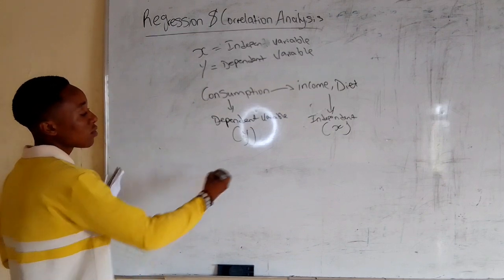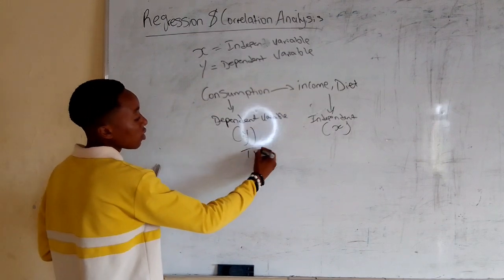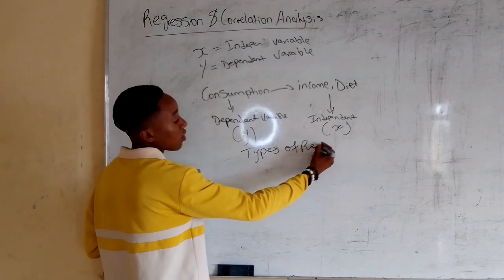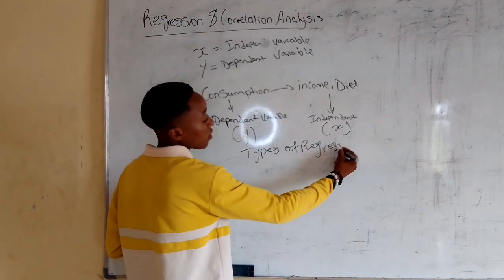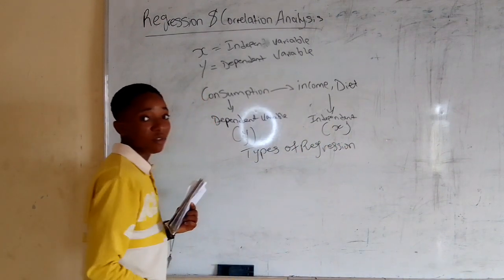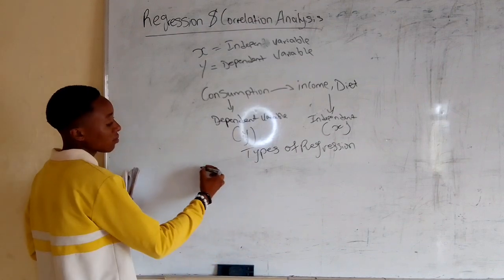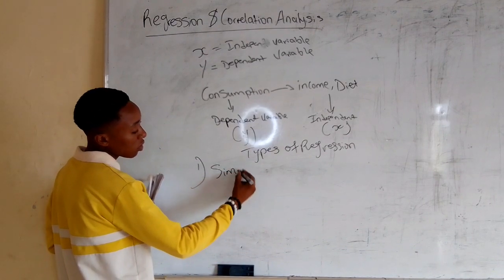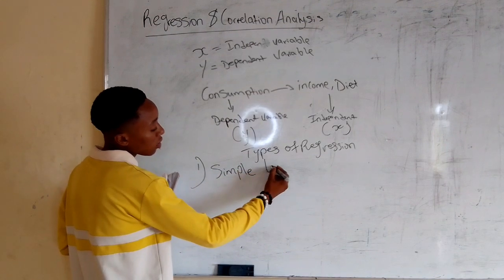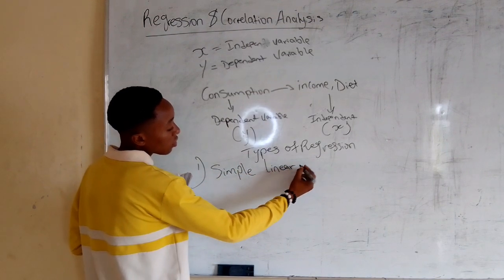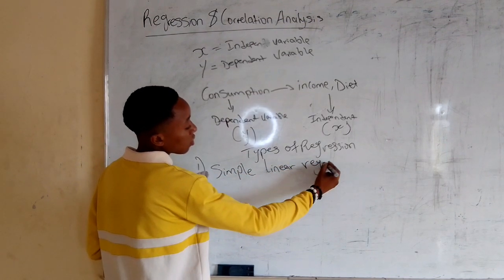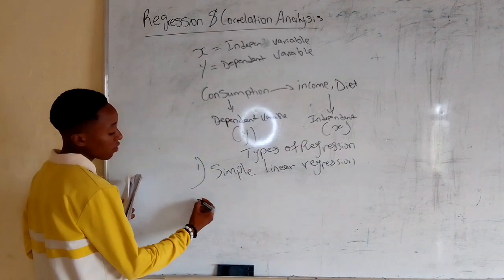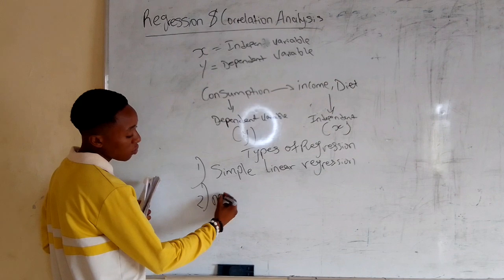So there are types of regression. There are two types of regression. Number one, we have the simple linear regression. And then we have the multiple regression.